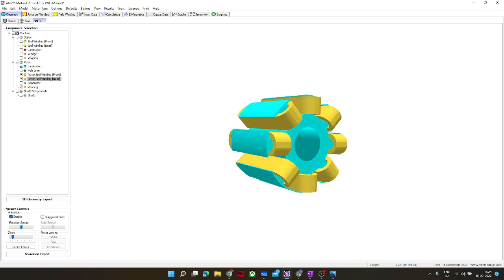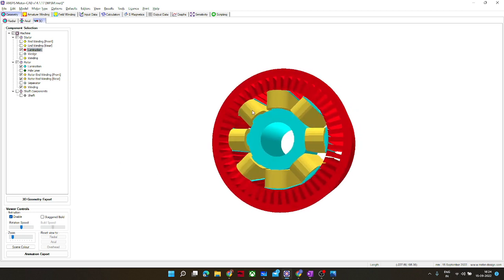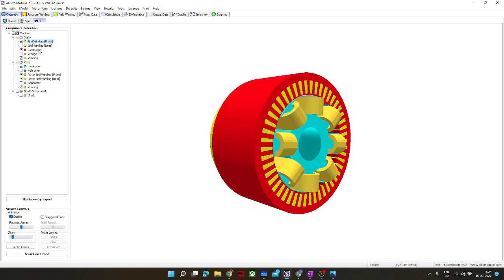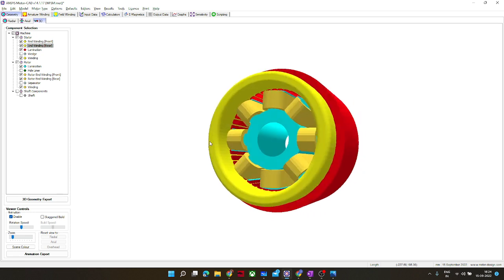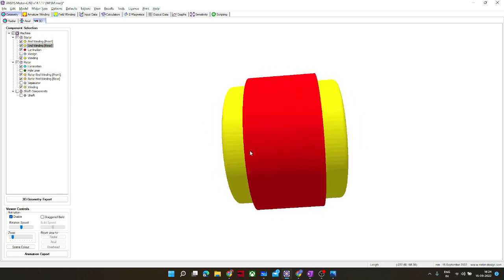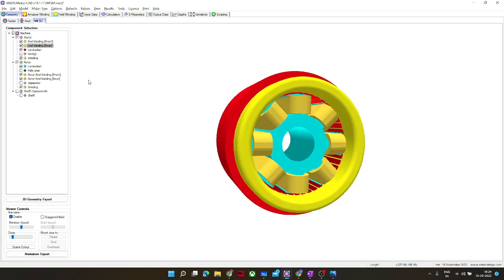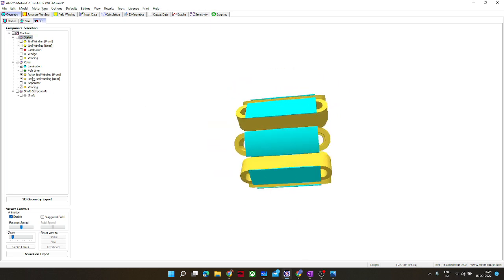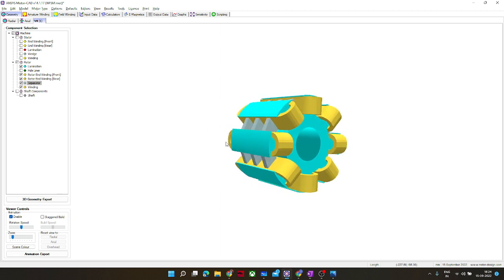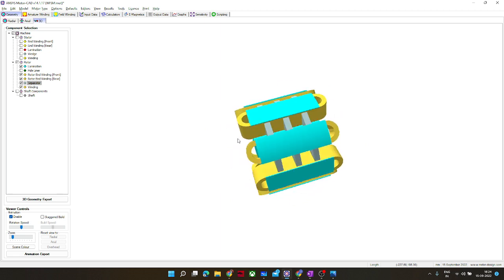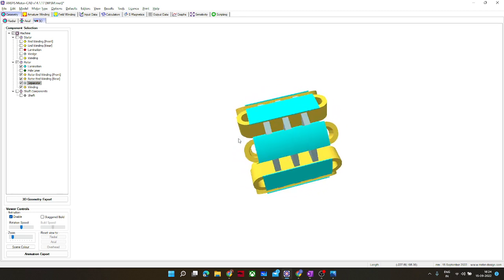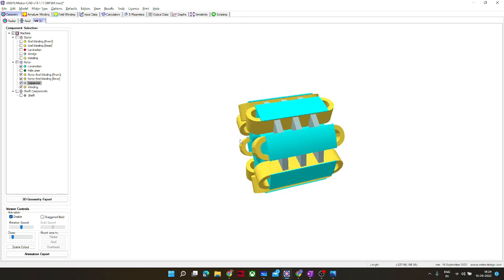That's one thing, and let me show you a stator, how stators are connected with windings. So this is how the end windings look like, and this is the separator, how each rotor pole is separated from the other poles, so that there would not be any short circuit.